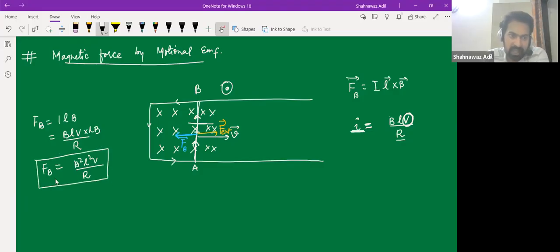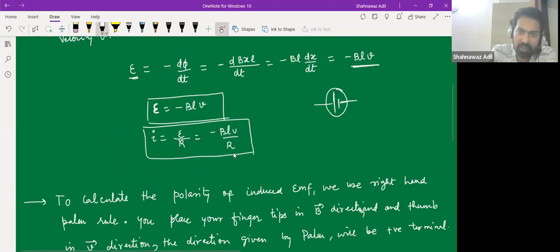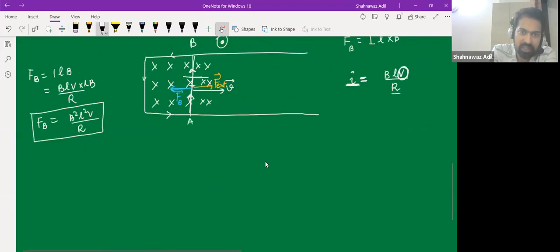Understood, everyone? And this is, of course, with a negative sign because this I is minus BLV by R, but I am just considering the magnitude. So is this part clear, everyone? The magnetic force? Because I have calculated the induced current, BLV by R, so then my magnetic force is this.